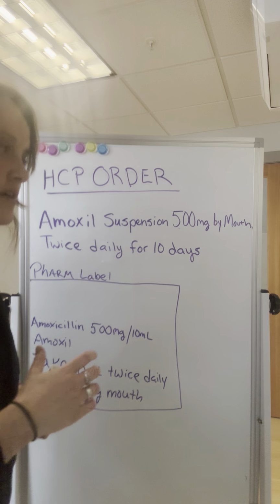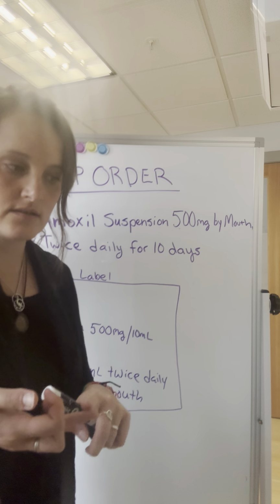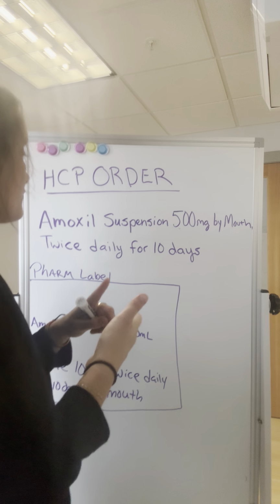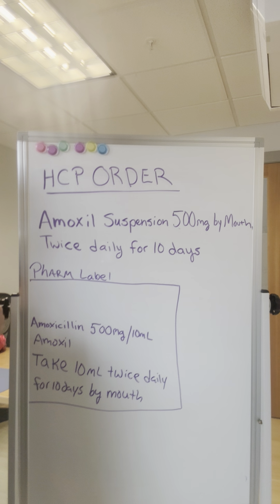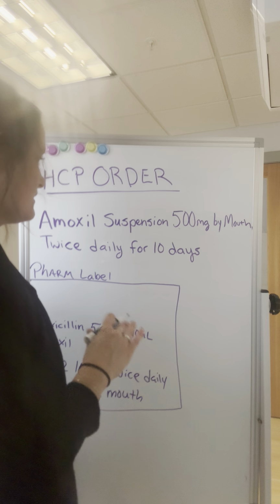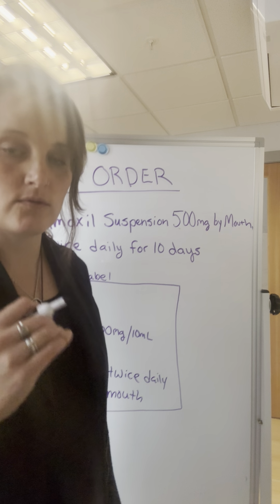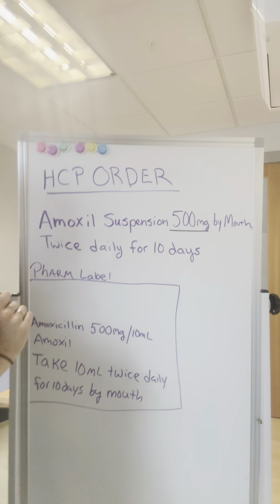All right, so let's talk about what our dose is, our strength is, our amount is, our frequency, and our route in this situation. Okay, so we always have to remember dose, doctor's order, right? Just because this is a liquid med does not mean that the place where your dose, strength, and amount changes. So this right here is your dose.